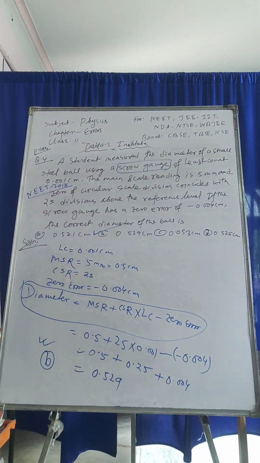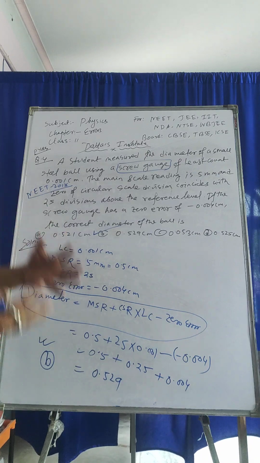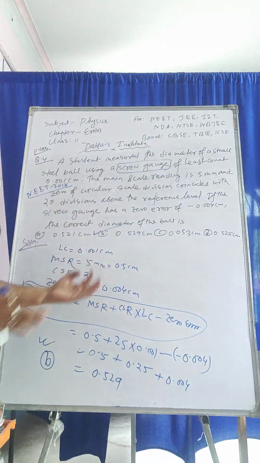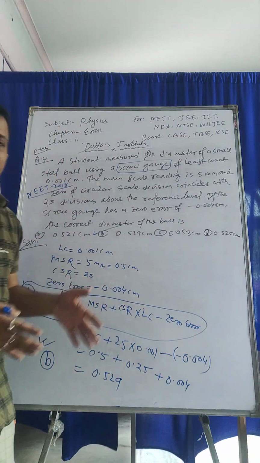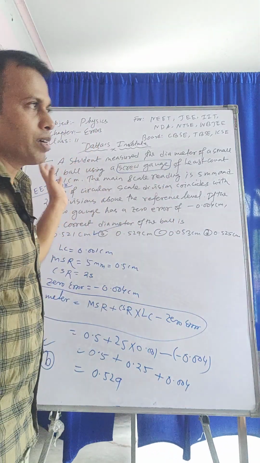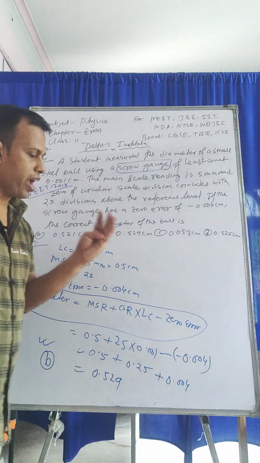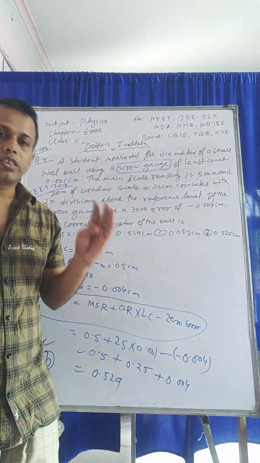So got my point? I covered all the syllabus, all the topics of errors, which will help you in the preparation for board, that is class 11, as well as NEET, JEE and NDA. I covered all the formulas of errors: random errors, combination of errors, least count of the vernier scale and of the screw gauge.